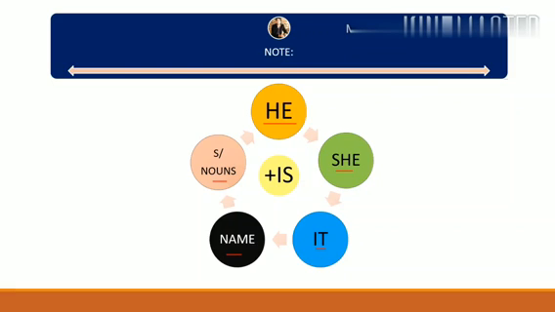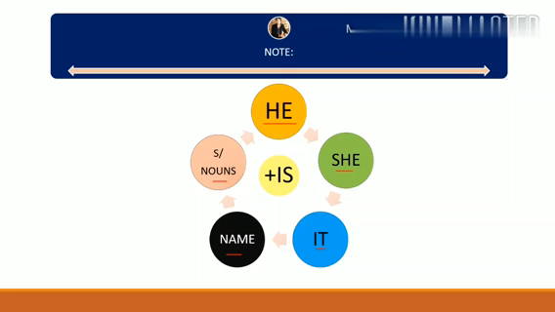So we always make use of is with such words. In short, with such subjects. Whenever we want to make any sentence, for example, he is going. You can see he is the subject, and we have used is with he. So always remember one thing: when there is he, she, it, a name or a singular noun, always make use of is.